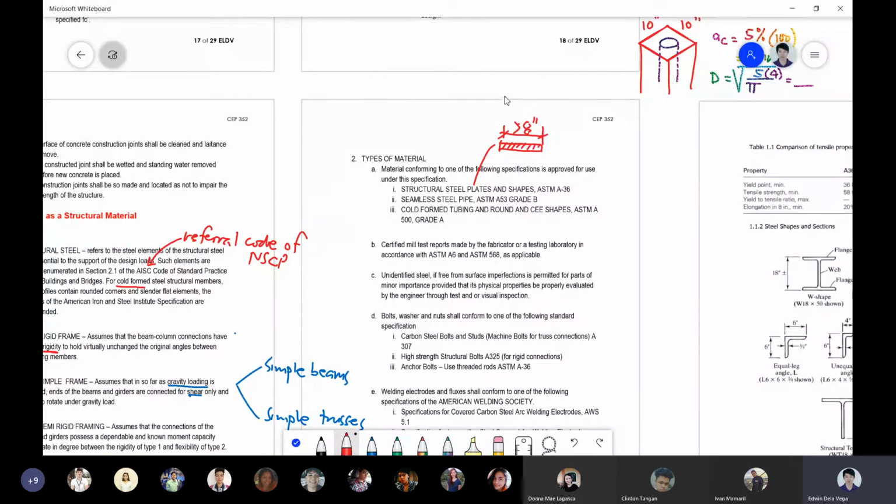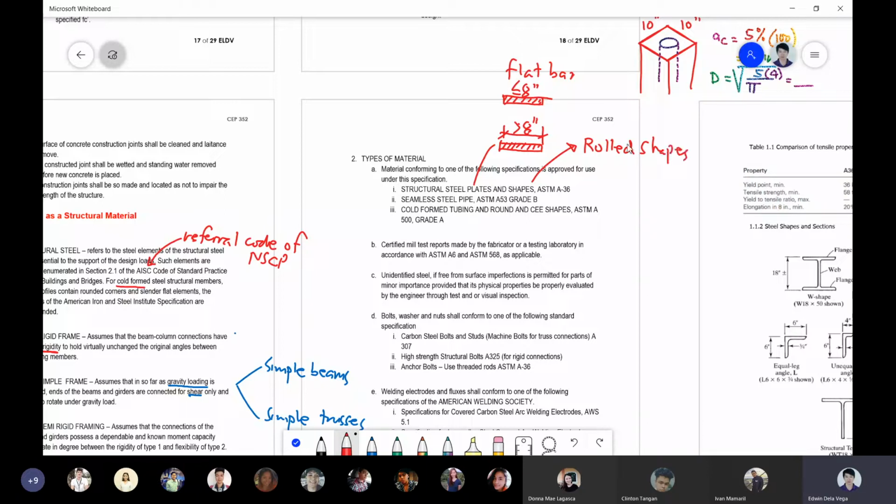When it's smaller than 8 inches, you call it a bar, a flat bar. So when this is less than or equal to 8 inches, you call it a flat bar. Okay. So for the shapes, we have the American rolled shapes. So these are now the rolled shapes.